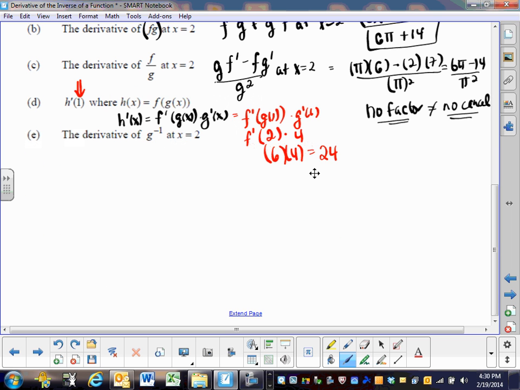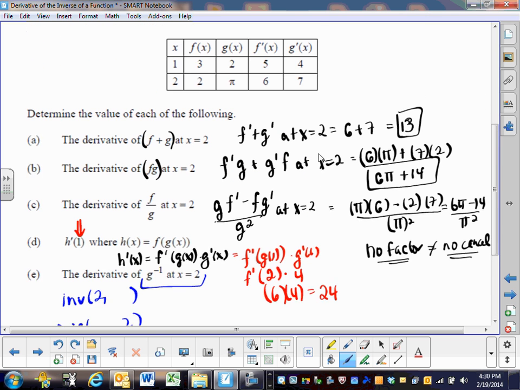The derivative of f divided by g is the quotient rule. It's low d high minus high d low over the square of what's below. And we're doing that at x equals 2.